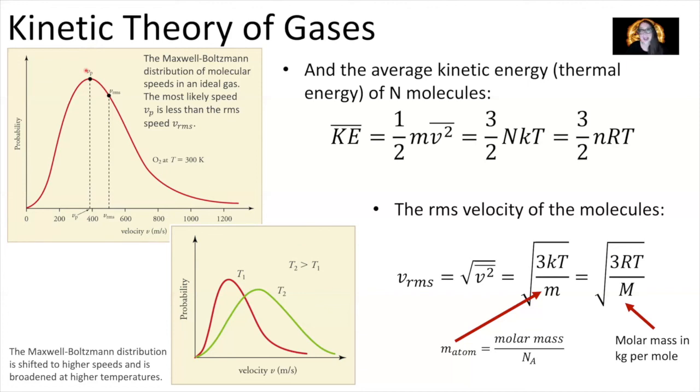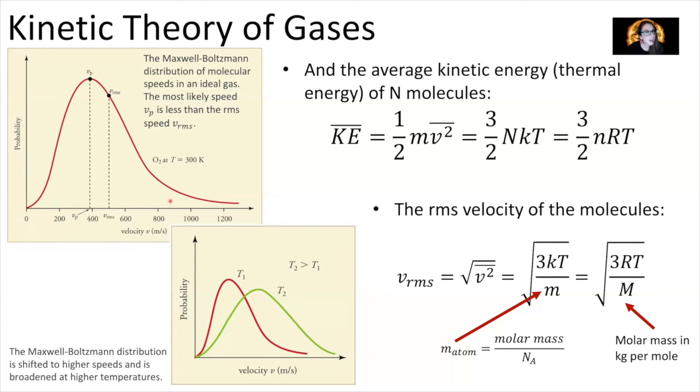So the most likely speed for a molecule inside a gas is actually smaller than the average speed for a particle inside the gas. Why? This would not be the case if this distribution were symmetric around the peak, but we see that it's not. We reach a peak here of the distribution, and then we have a long tail out here.